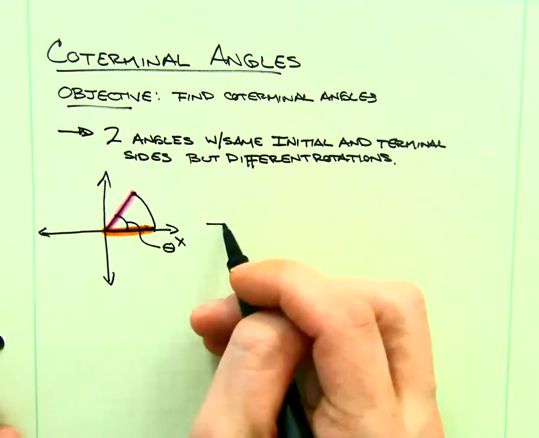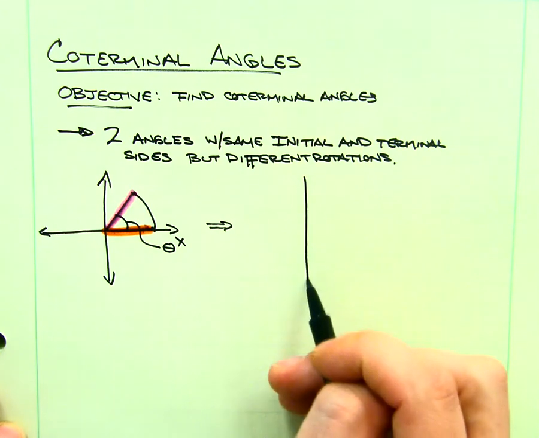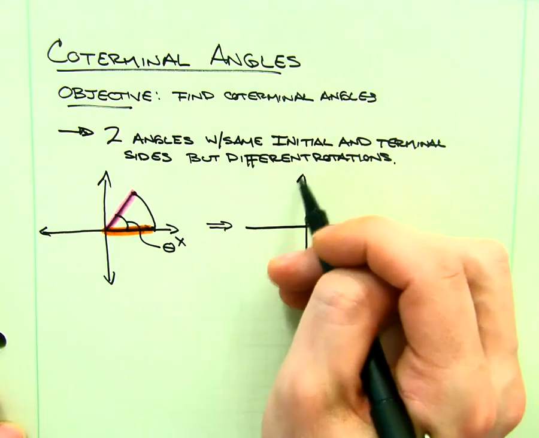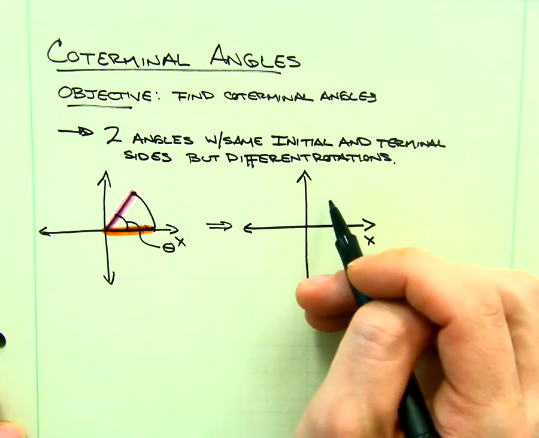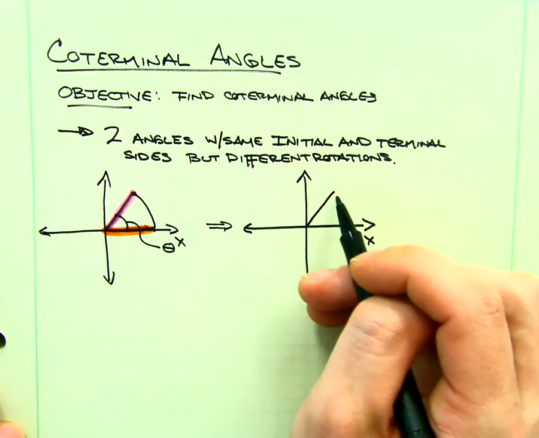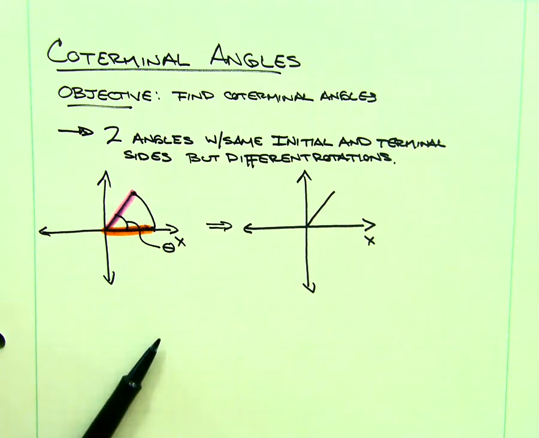Well, this means that if I do the same coordinate, I've got a couple different possibilities here. I'm just going to map out for you. So say I've got the same initial and terminal sides. So once again, say I go orange here and pink here.